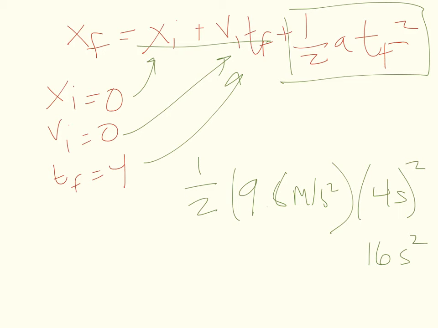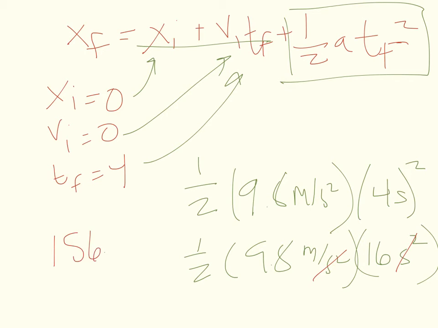Okay, so now we're going to multiply 1/2 times 9.8 times 16 seconds squared. You can do that on your calculator, but look how the units are going to cancel. The seconds squared are going to cancel out, and you are going to be left with 156.8 meters. Final answer.